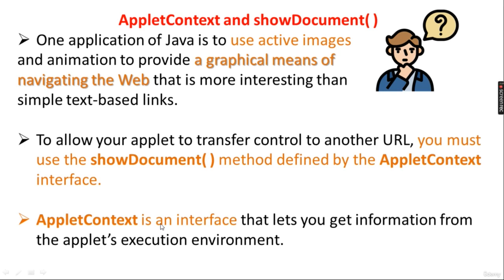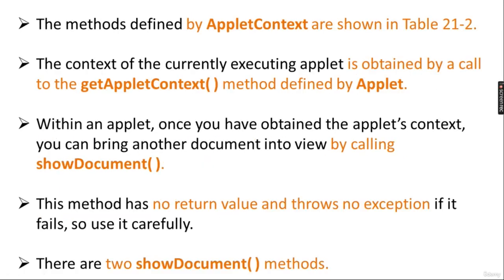AppletContext is an interface that lets you get information from the applet's execution environment, like any directory that you are residing in. The methods defined by AppletContext are shown in the upcoming table. The context of the currently executing applet is obtained by a call to the getAppletContext method defined by Applet. So it will give you the current applet context.